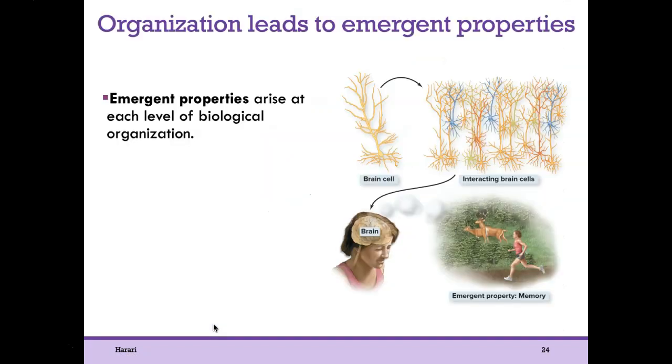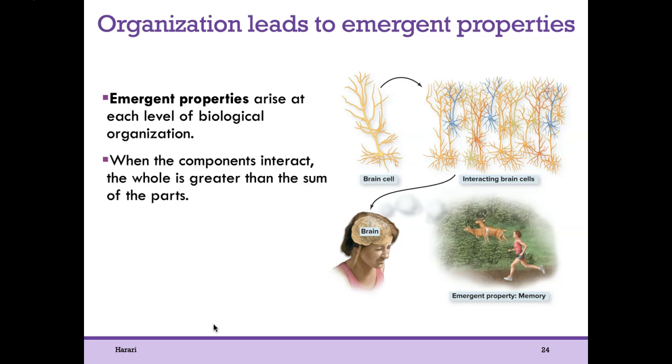And organization leads to emergent properties. So emergent properties arise at each level of biological organization. And a good example is memory. So for example, memory is a very complex process, but when you think about it, memory emerges from just brain cells interacting in a certain way.